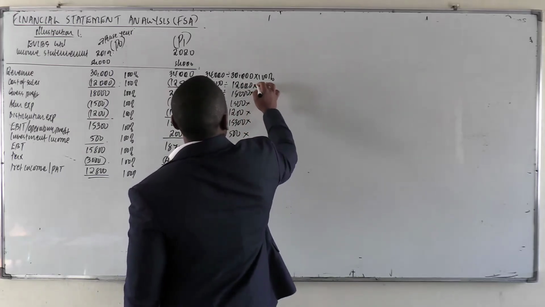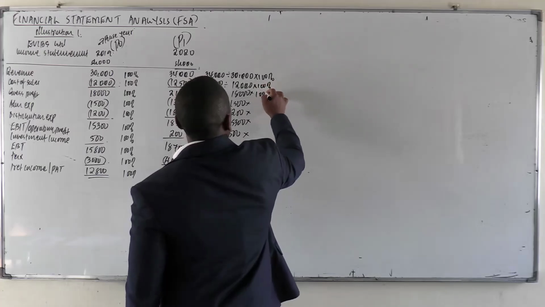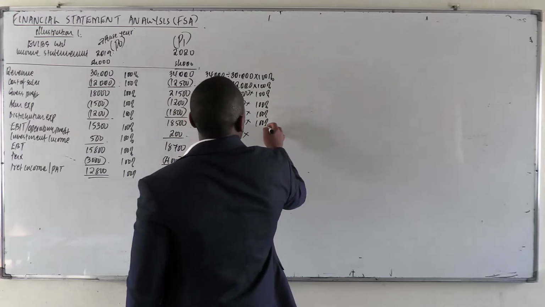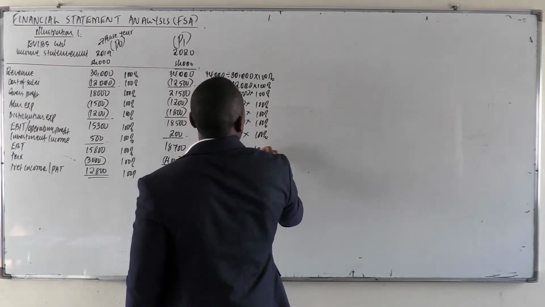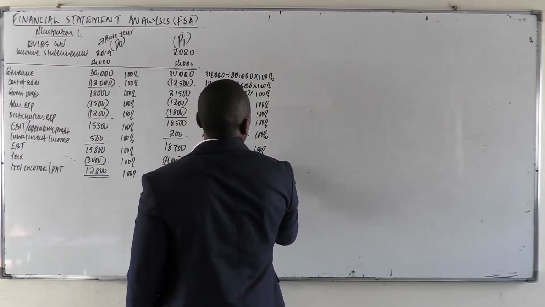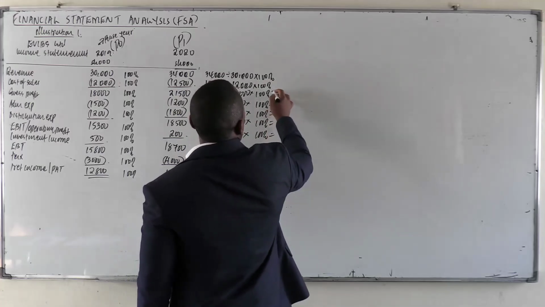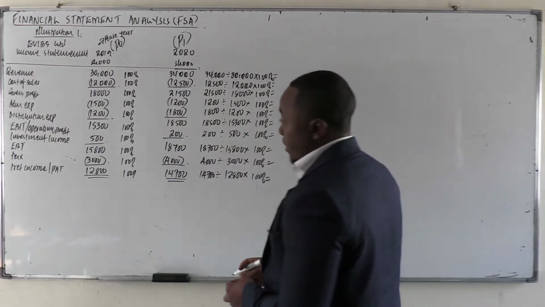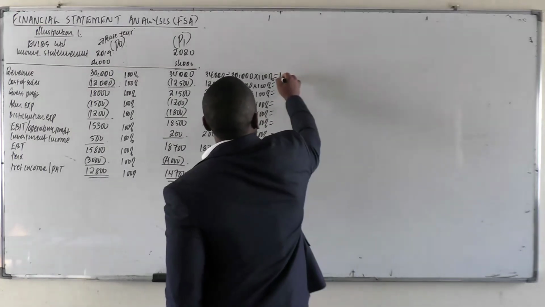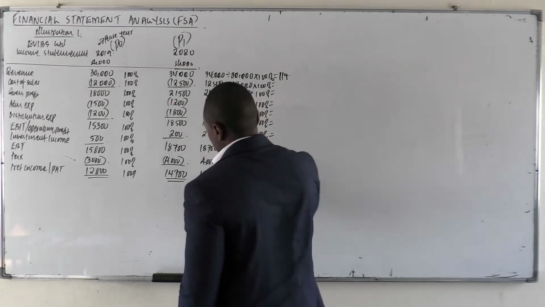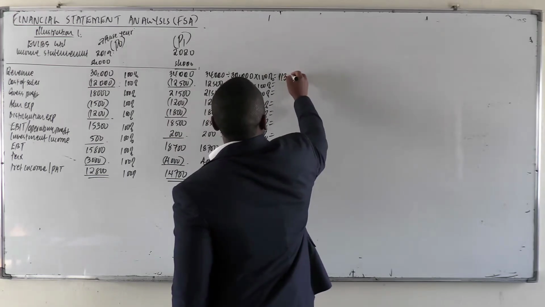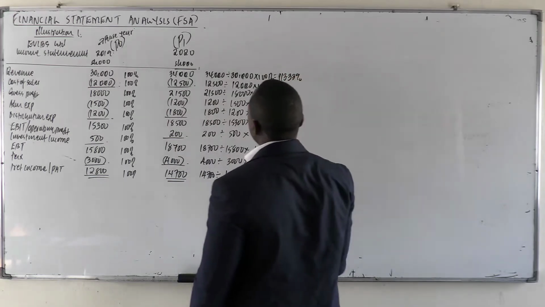And then you express them as a percentage. So 34 over 30, then you multiply by 100, you're getting 113.33%.